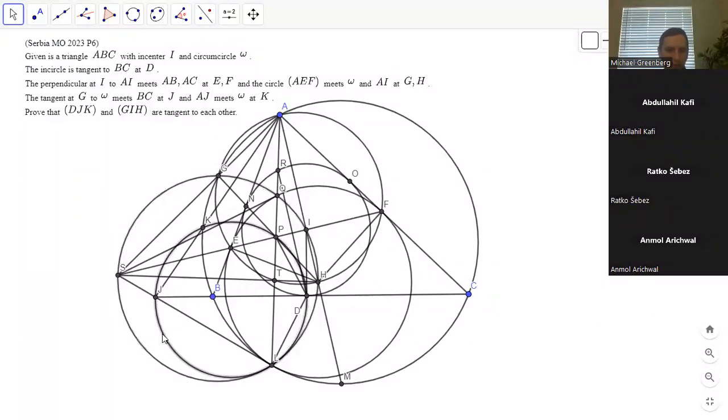So then I'm just trying to show this circle of homothety. I don't know that L, P, K, J, and D are cyclic.